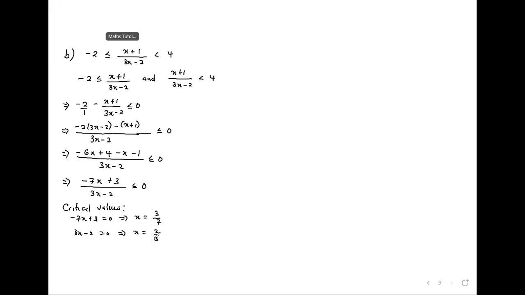Okay, then we need a testing table here. So which number is smaller than the other here? 2 over 3 should be smaller than 3 over 7. Let's check if it's true.